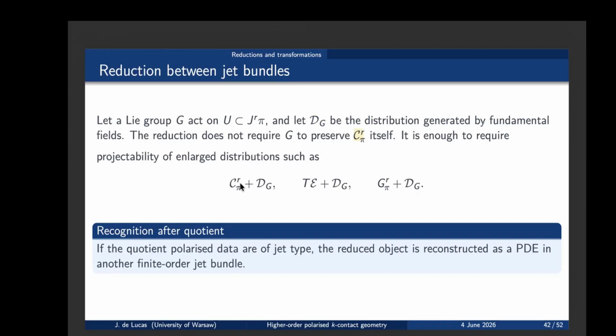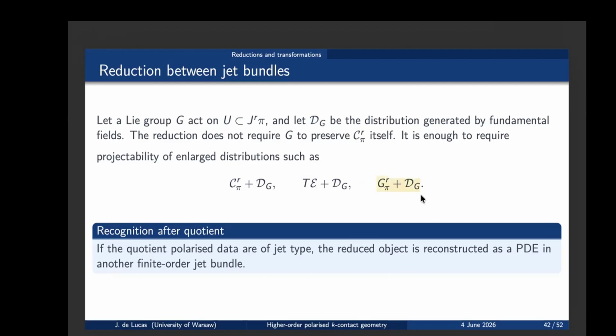What we ensure is that the Cartan distribution plus the distribution generated by the fundamental vector fields is invariant. We don't need the tangent space to the set of solutions to be invariant. We require that this sum with the distribution of the Lie group be invariant. We don't require the polarization of higher order, of jet type, to be invariant. We just require this space to be invariant.